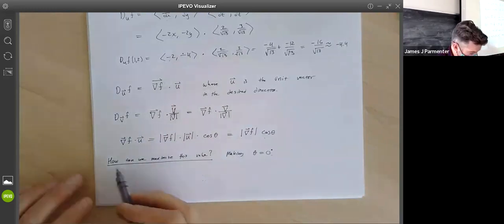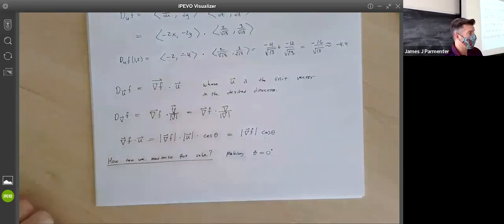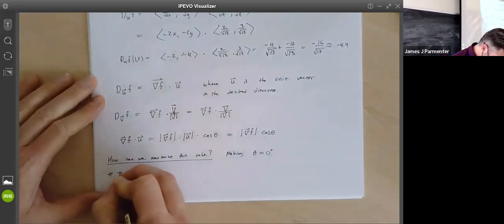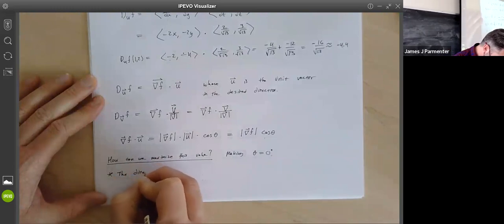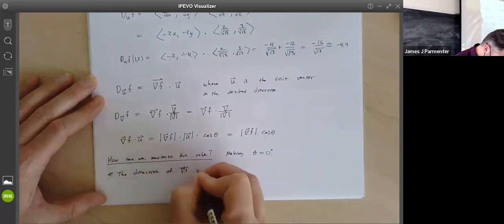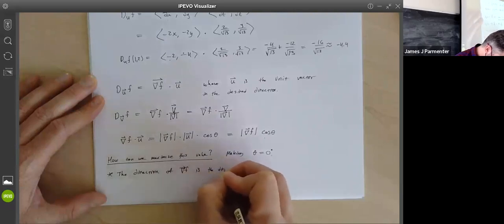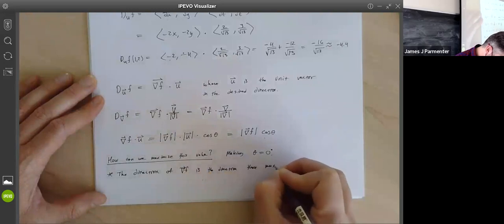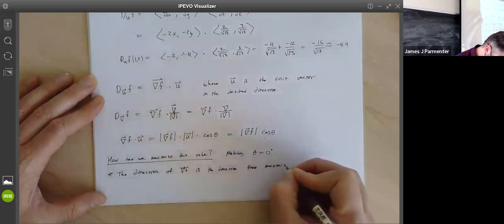So the way you maximize the value of the directional derivative is by going in the direction of the gradient. So the direction of the vector is the direction that maximizes the value of the directional derivative.